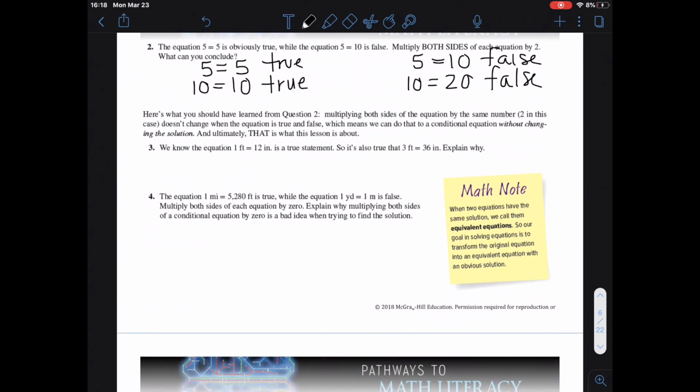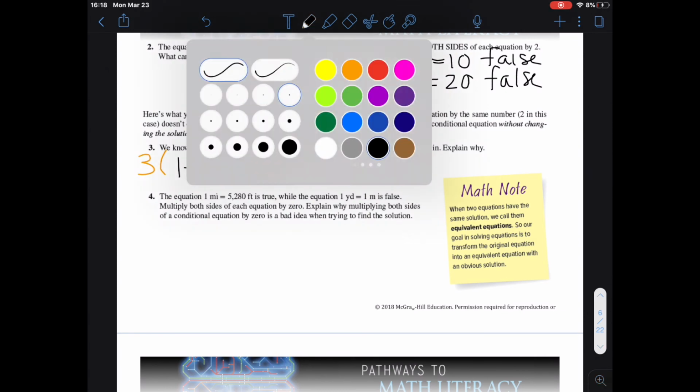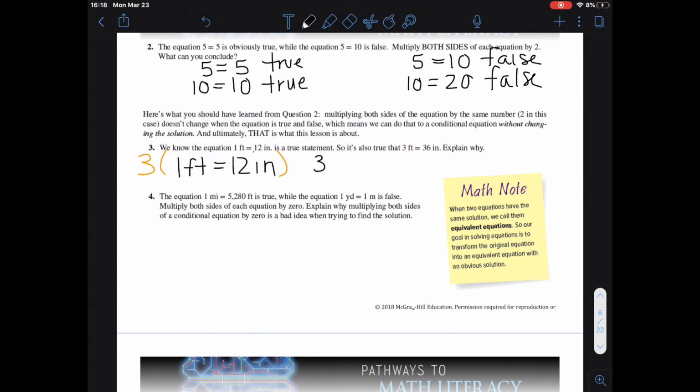Okay? Now if we have the equation 1 foot equals 12 inches, we know that's true. And if we have the statement 3 feet equals 36 inches, we want to see, is that true? Well, we're starting with 1 foot. We want to get to 3 feet. So let's multiply both sides by 3. 1 times 3 gives you 3 feet on the left-hand side, and 3 times 12 is 36, so you get 36 inches on the right-hand side.